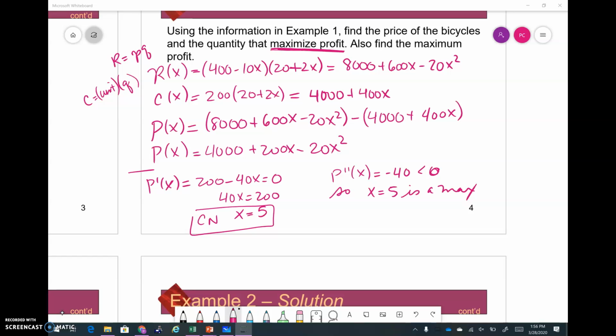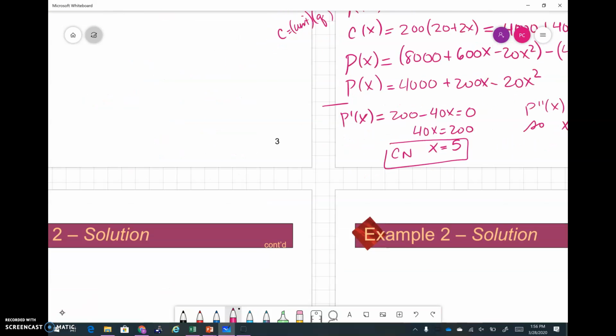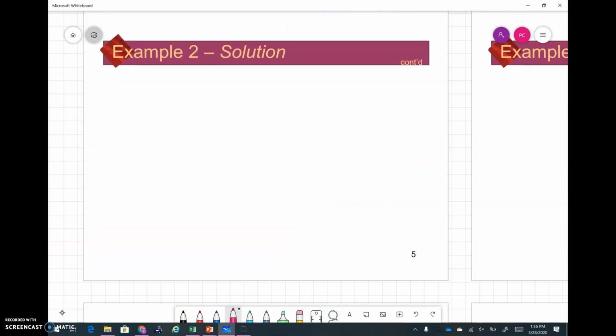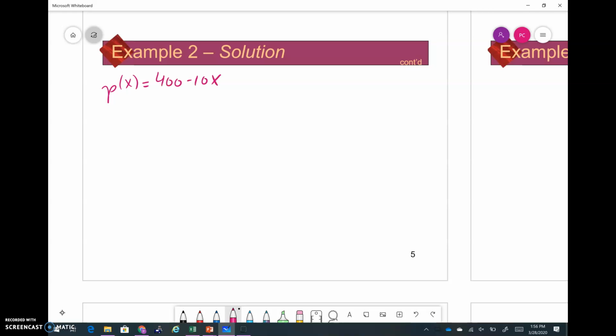Now, once we have that, the next part says find the price and the quantity that would maximize the profit and find your maximum profit. You have all of those equations. Our price function, P of x, was 400 minus 10x.